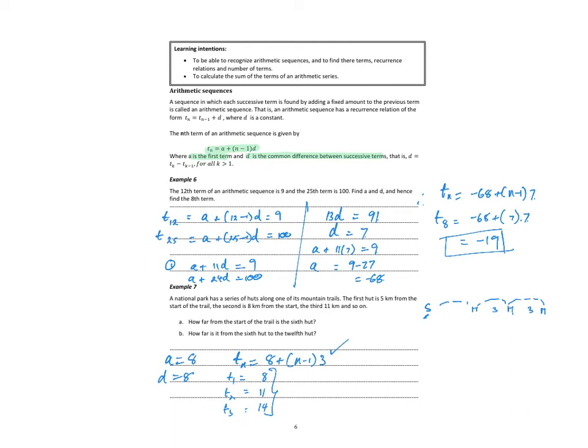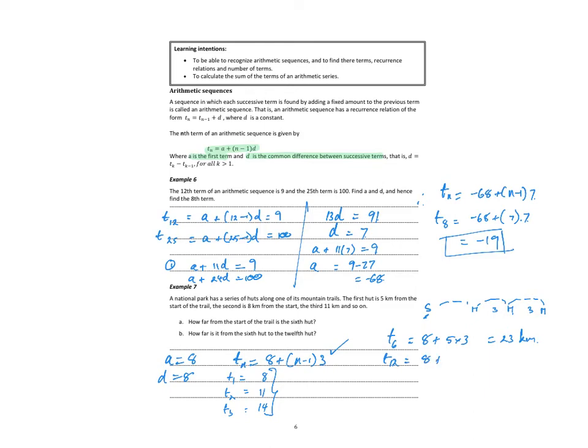So how far is the 6th hut? T1 is the first hut, T2 is the second, so T6 is equal to 8 plus 5 times 3, which is equal to 23 kilometres. How far from the 6th hut to the 12th hut? Well, let's just work out T12 then.